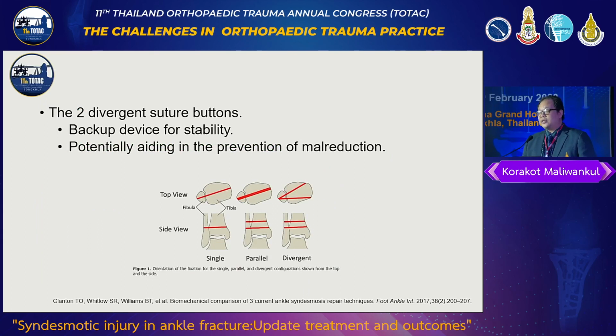When we talk about the suture button, the new trend is the double suture button in divergent position. The reason is to back up the device if one suture button breaks. It also helps prevent malreduction of the syndesmosis.